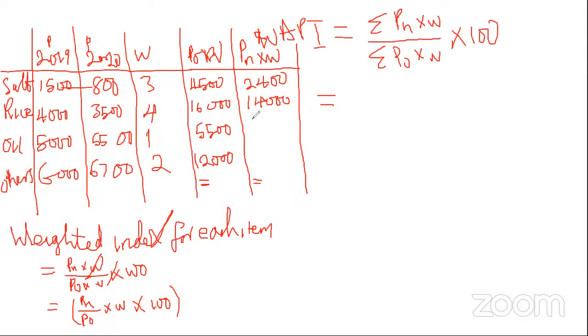Then this times 1 remains the same. And then 6,700 times 2 is 13,400.